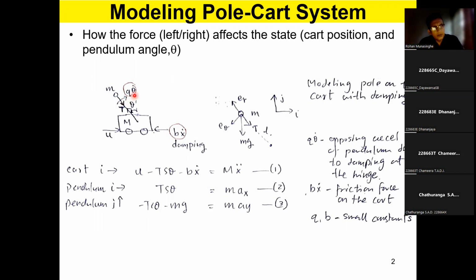So Q is the viscous friction for rotary motion, and B is the viscous friction coefficient for the linear motion. These two forces are opposing the respective motions, the rotary motion of the pendulum and the linear motion of the cart.